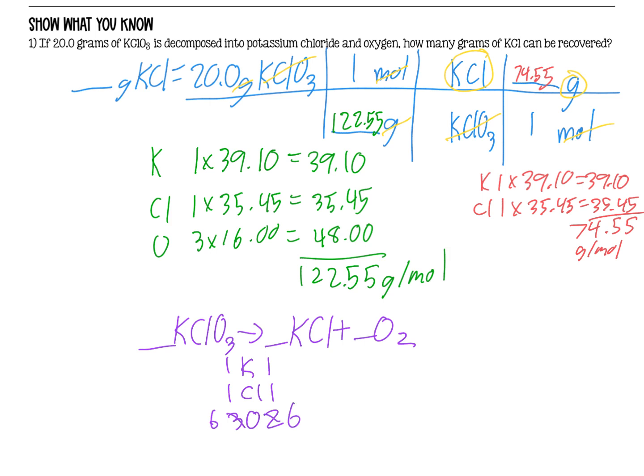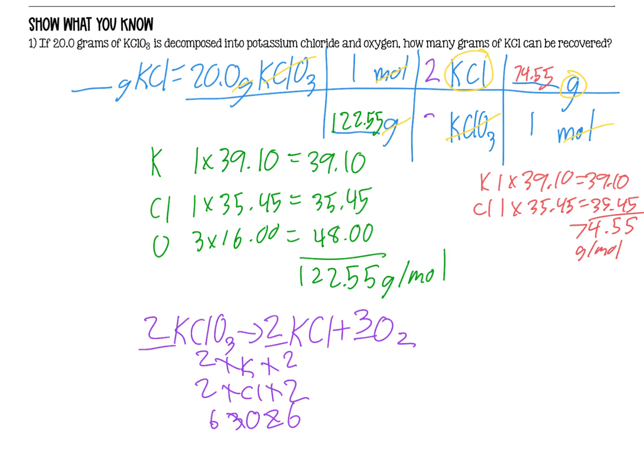This means that we now have an extra potassium on the left and chlorine, so we need an extra potassium chloride on the right. So our balanced equation is 2 KClO3 yields 2 KCl plus 3 O2.